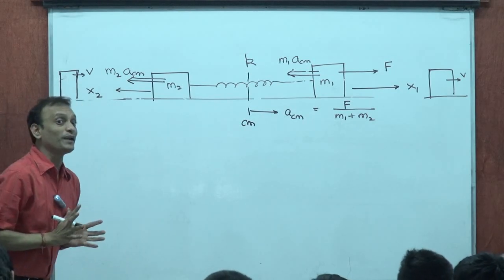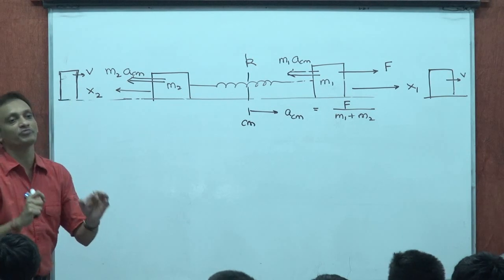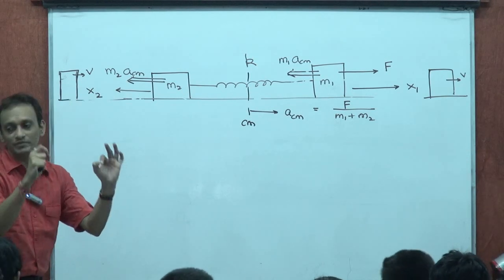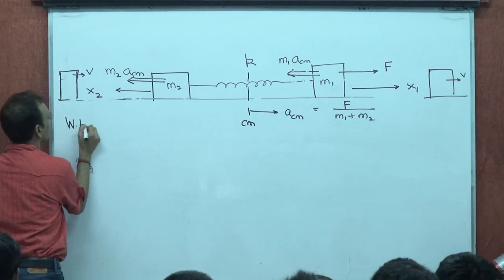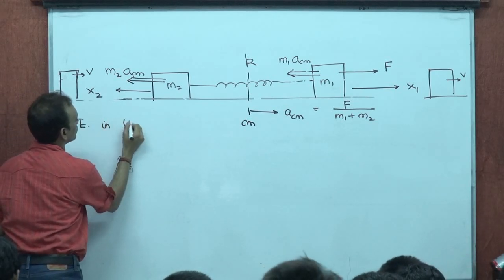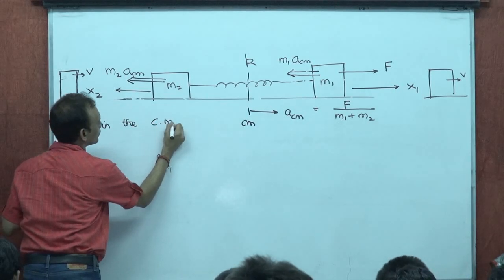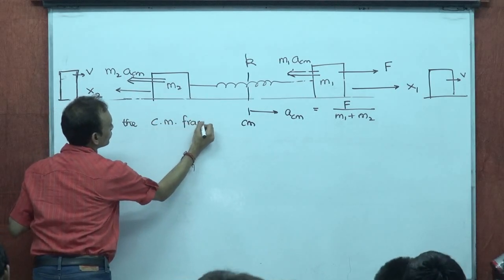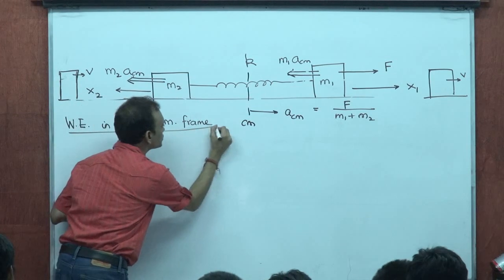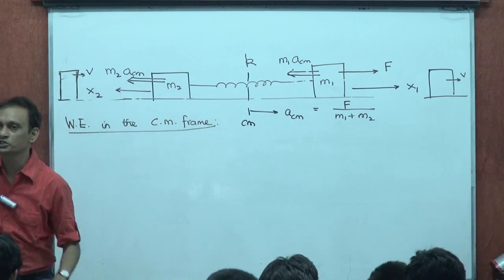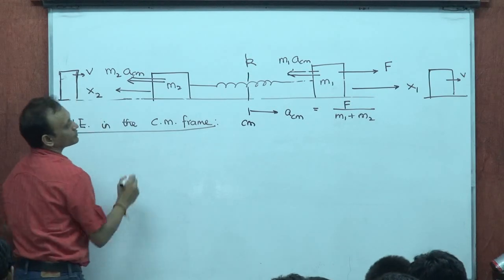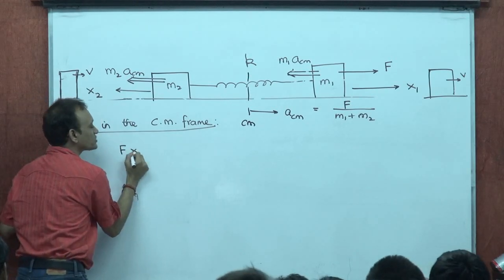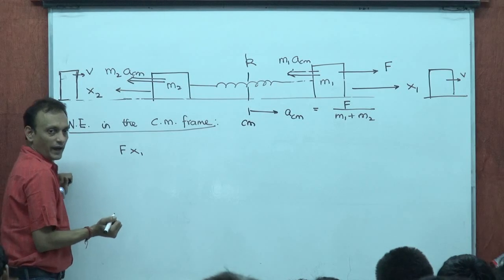Now let me apply the work energy theorem in the center of mass frame. Let's do that. Now work done by F is going to be F into x1, right?